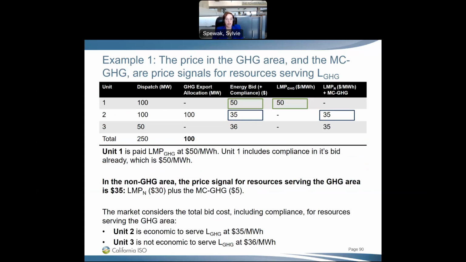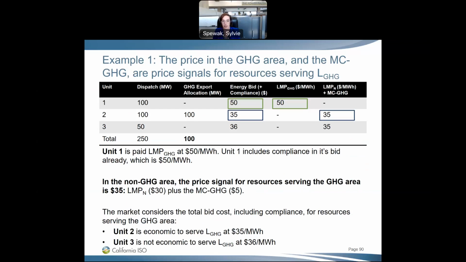So let's talk a little bit more about these price signals to determine if they're efficient and how this really works. The price signals that are relevant to dispatching GHG are LMP GHG and the combined price signal LMPN plus the marginal cost of GHG. So in this top row, we see that Unit 1 is dispatched to 100 megawatts.